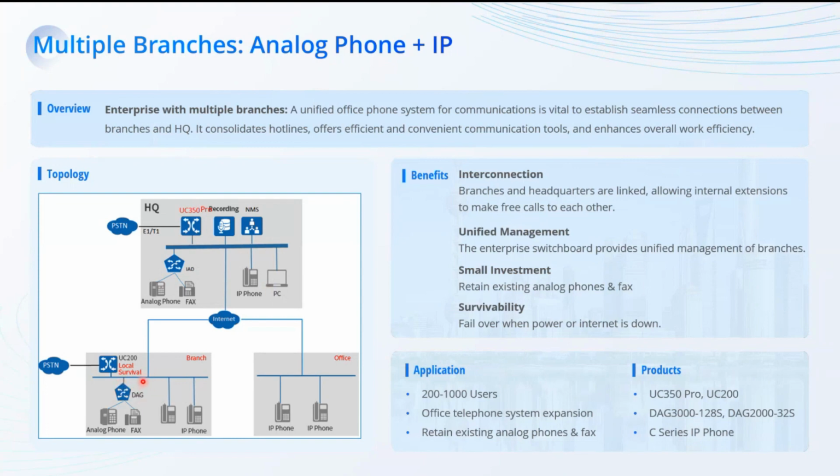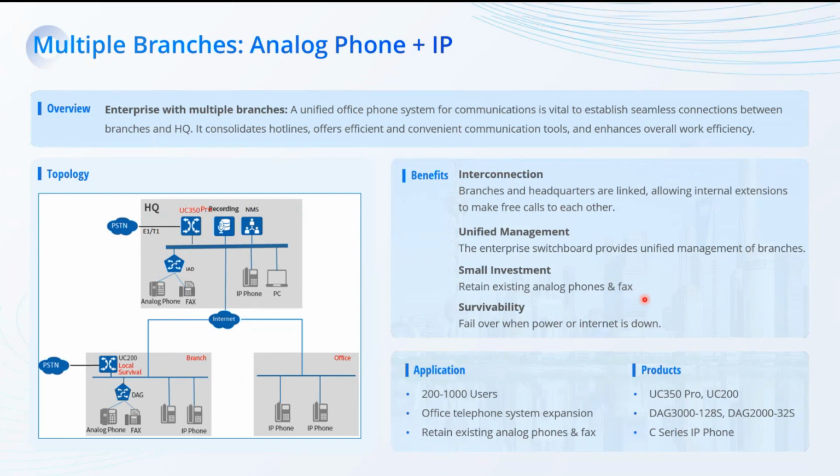If you want, you can put another UC here and connect your analog phone or fax. Even at the remote side or far side, you can use a SIP phone and register to our PBX. So it is quite a common environment for a PBX solution with branch offices.